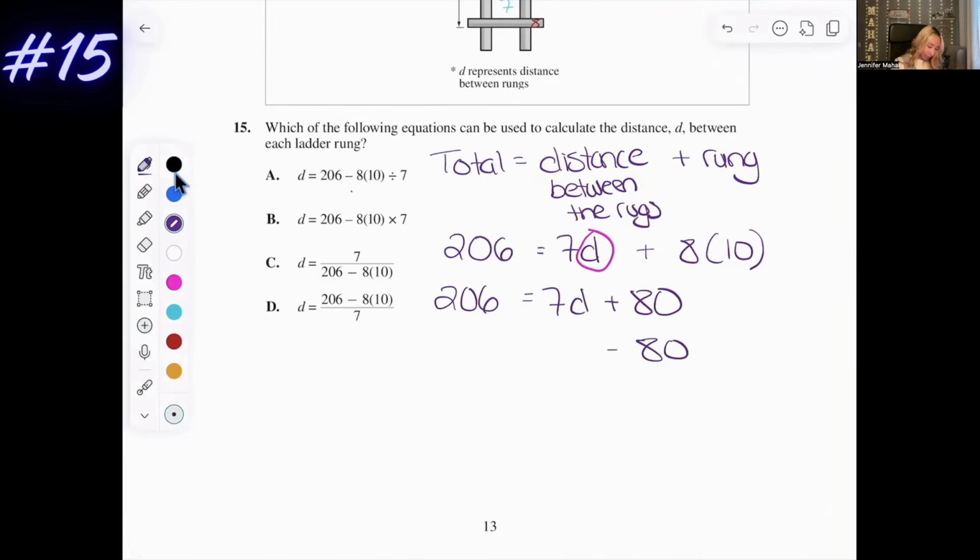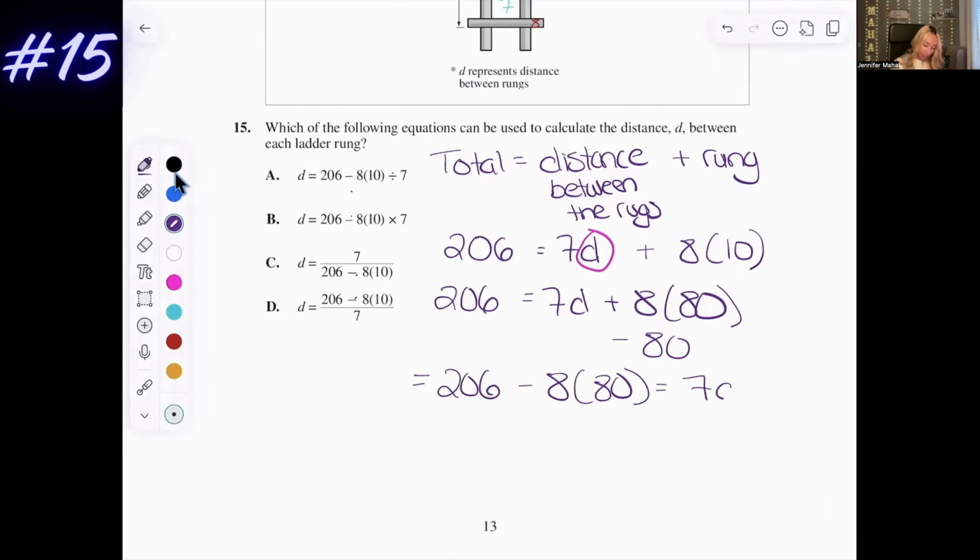Based on what I'm seeing here, it looks like they didn't even keep it as 80. So I'm going to change it back to what it originally was, because it doesn't look like they want us to actually multiply that through. So 8 times 10, I'm going to minus that from both sides. Oh, sorry, I just did it again. I'll rewrite this. So 206 take away 8 times 10 is equal to 7D. Again, we want to get our variable alone.